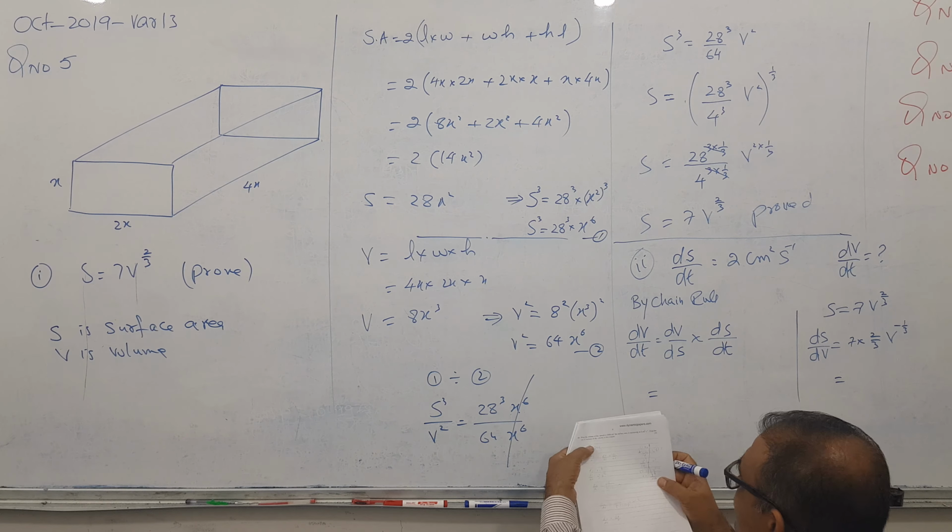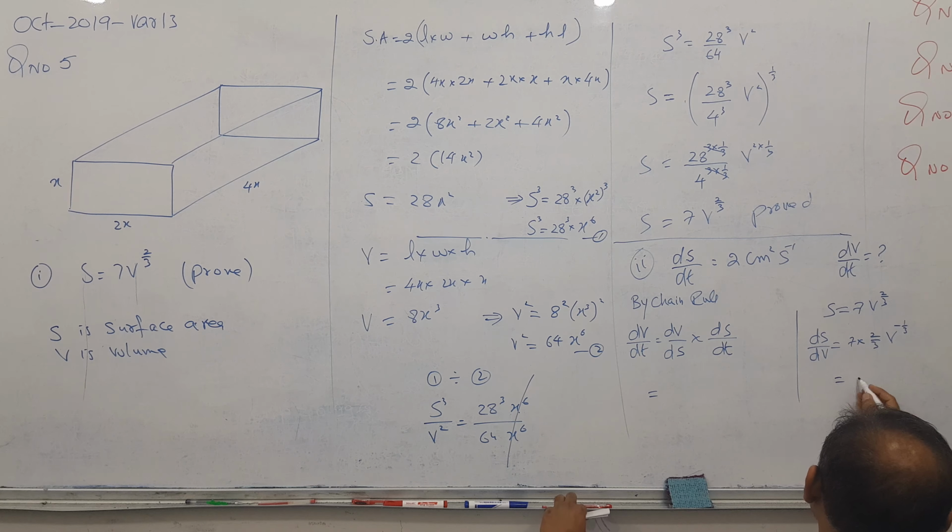Can you put the volume 1000? Yes, we can put 1000. 7 2s are 14 by 3, and I will put here 1 over 1000 to power 1 by 3. Why 1 by 3? Because it is mentioned here. So this becomes 10, and I got 7 by 15.